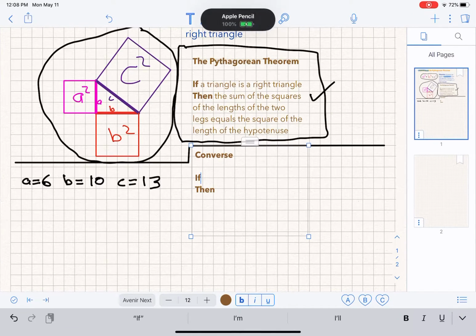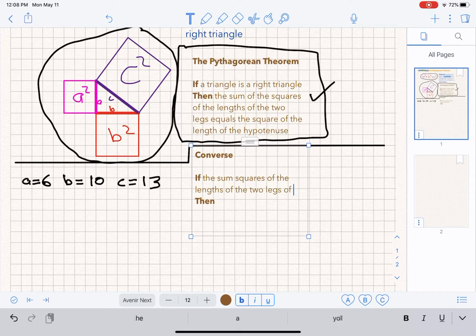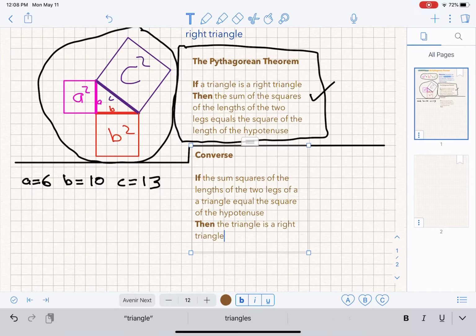So, turning it upside down, we'd say if the sum of the squares of the lengths, L-E-N-G-T-H-S, of the two legs of a triangle equal the square of the hypotenuse, or what we suspect will be the hypotenuse of a right triangle, then the triangle is a right triangle.